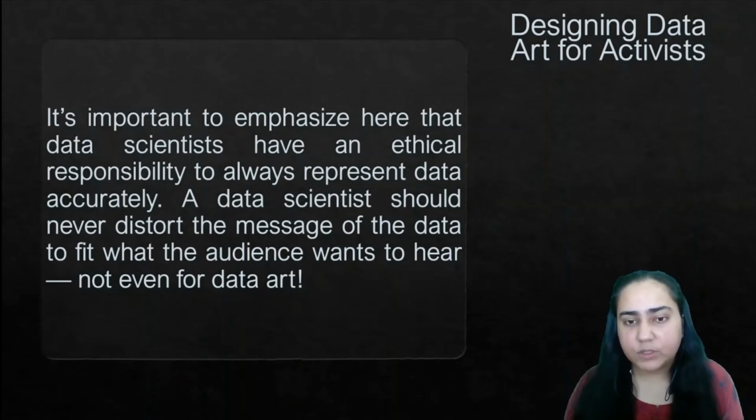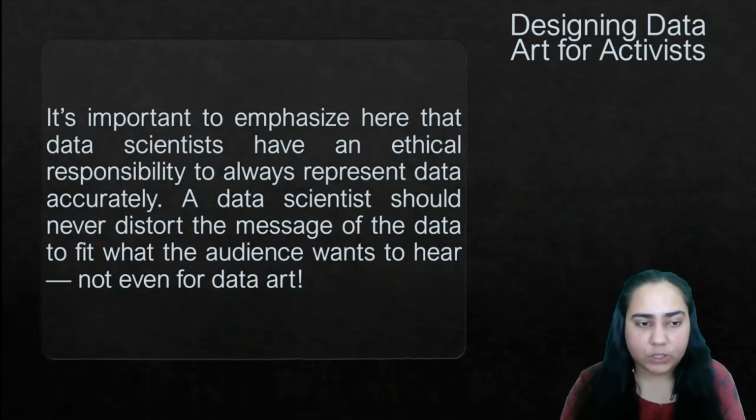If you have a data set and you're analyzing it, you are morally responsible for providing a visualization that completely gives the true picture of what your data is like and what your data displays. So you should not in any way distort the meaning of the data, despite creating a data visualization for data artists.